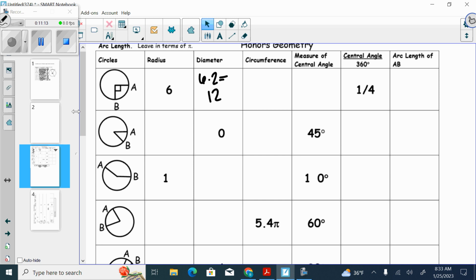You guys just told me circumference was 2 pi r, and what is r? The radius, which is 6. So what I really have is 2 pi 6. We're not going to multiply by pi, it said, right? Leave it in terms of pi. But I can multiply the 2 and the 6, which would give us 12. So 12 pi is our circumference.